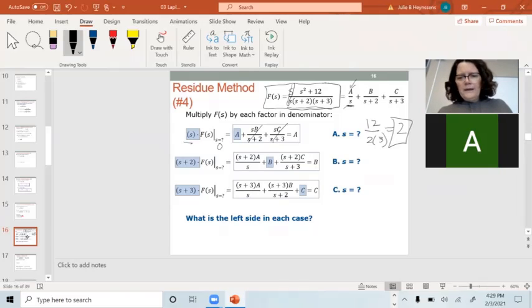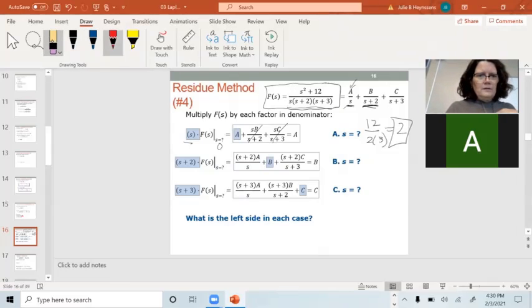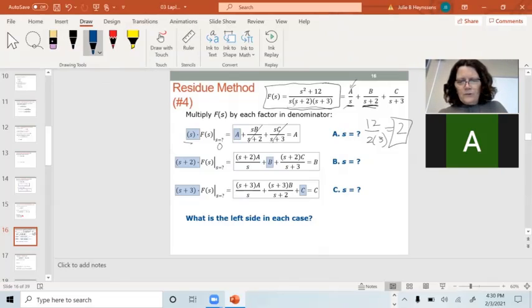To get B, I'm going to multiply the whole expression by s plus 2. That will cancel this factor out, and I'll evaluate it where s plus 2 goes to 0. So this would be at s equals minus 2. So I plug in minus 2 over here for s.